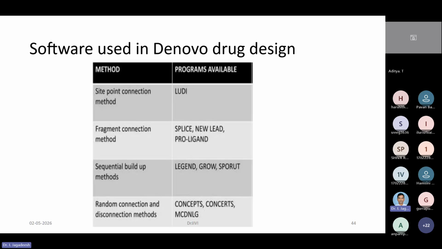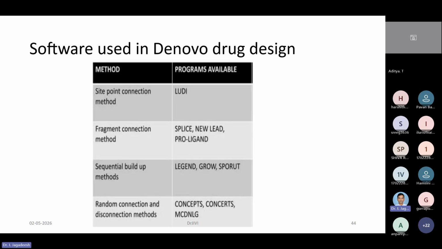Sequential buildup, where we start with one atom and grow in an evolutionary manner, uses LEGEND, GROW and SPROUT. Random connection and disconnection methods, where we find short path methods, can use MCD and DNLG softwares.